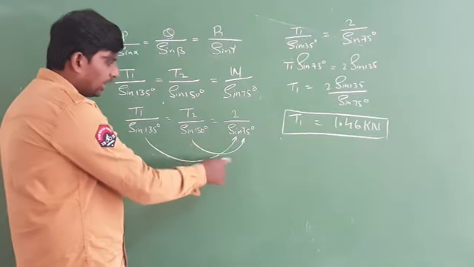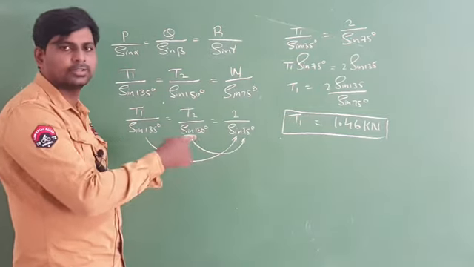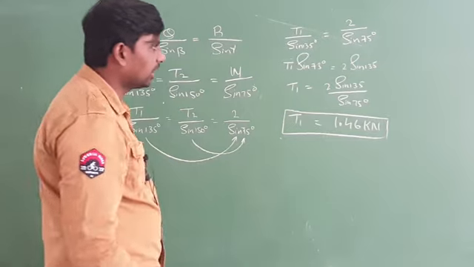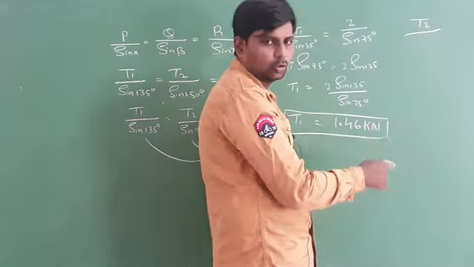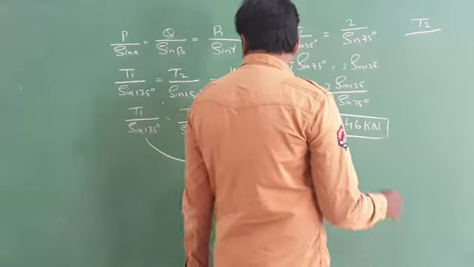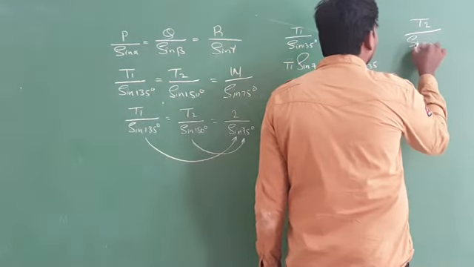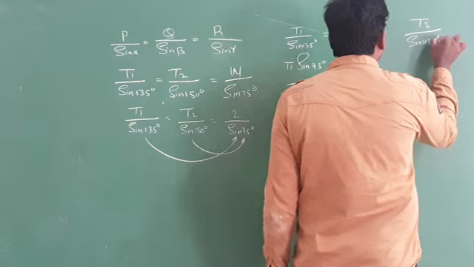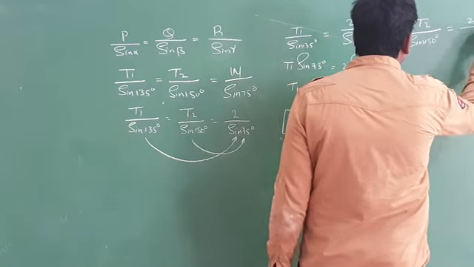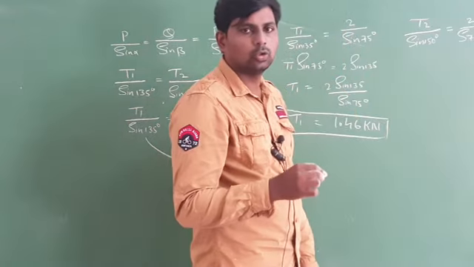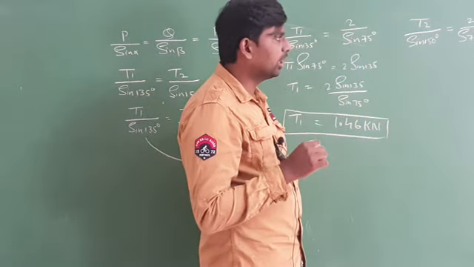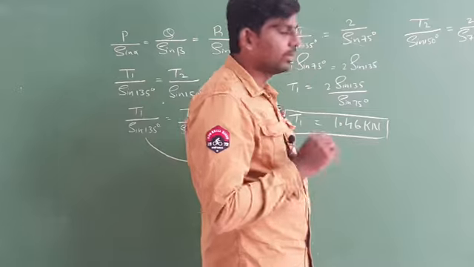Here, first and last, and second and last. For second and last you take this one: T2 by sine 150 is equal to 2 by sine 75.